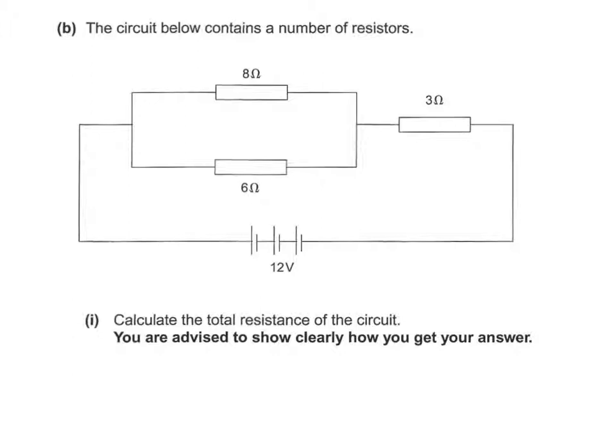And the way to solve this is to work out this parallel bit and then use the two resistors in series, just adding together what we get for this to the 3, and that'll give us a total resistance. So if we think of this section as being some R parallel, then that's the best way to deal with this problem.